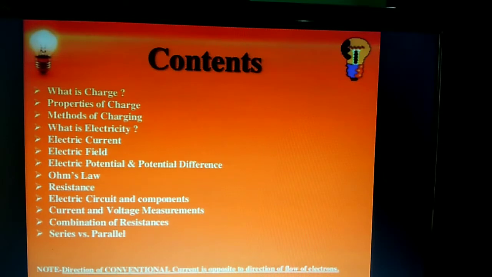Ohm's law, resistance, resistivity, electric circuit and components, current and voltage measurements, combination of resistors in series and parallel, heating effects of electricity, Joule's law, electrical energy and power, and the direction of conventional current, that is opposite to the direction of flow of charges or electrons.